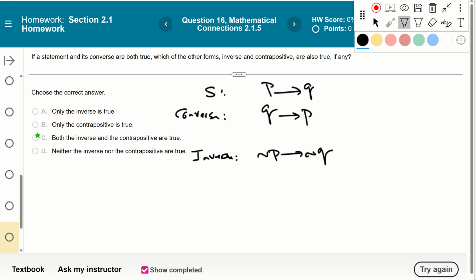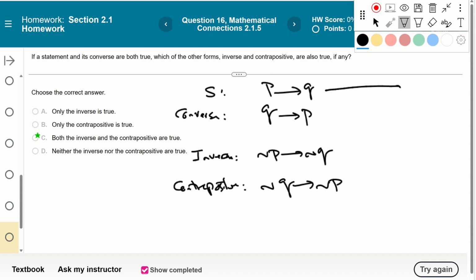And the contrapositive is going to be not Q implies not P.